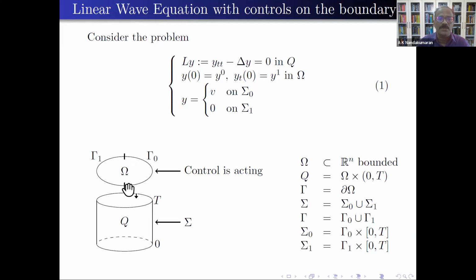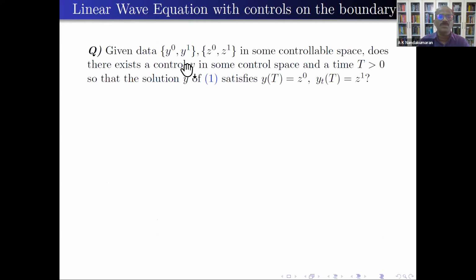Only we are putting the control on gamma naught. Of course, you may not achieve controllability if you choose gamma naught arbitrarily. We will tell you at least some regions where controllability can be achieved. Of course, you can also have a distributed control instead of boundary control, which we will see in our problem. Both we can have; it depends on your choice.